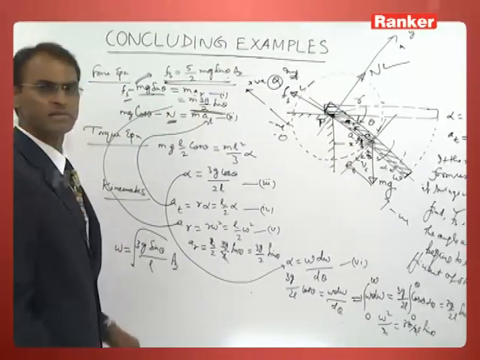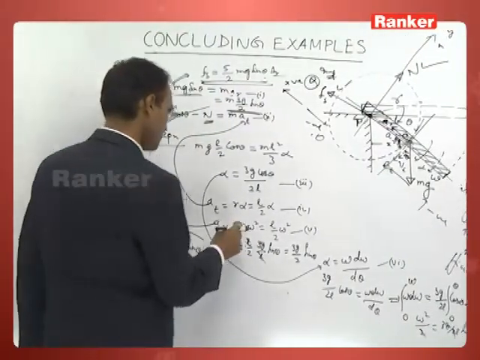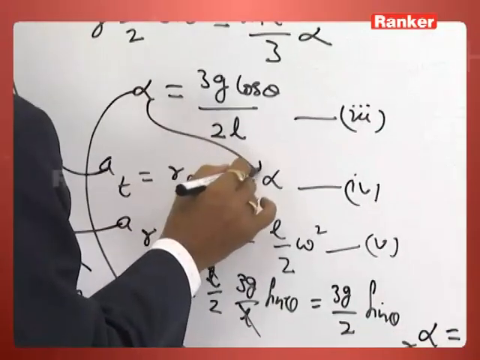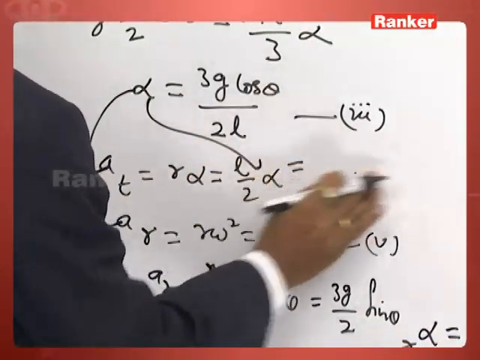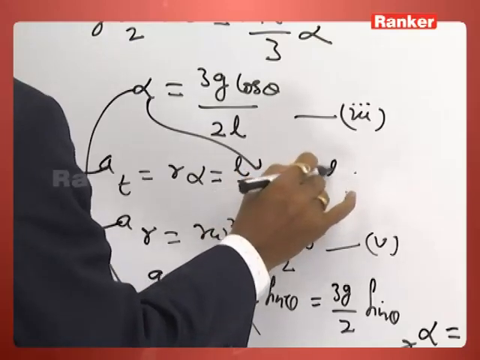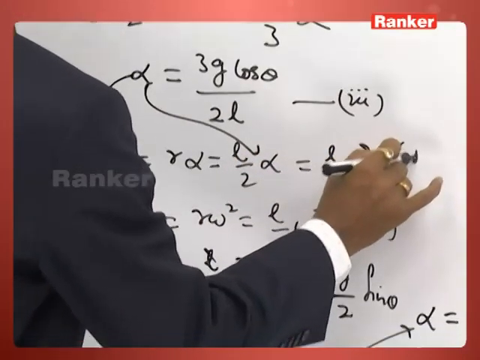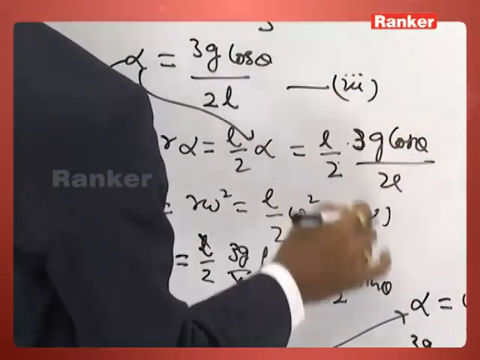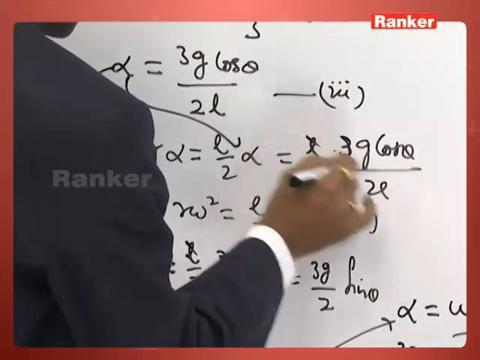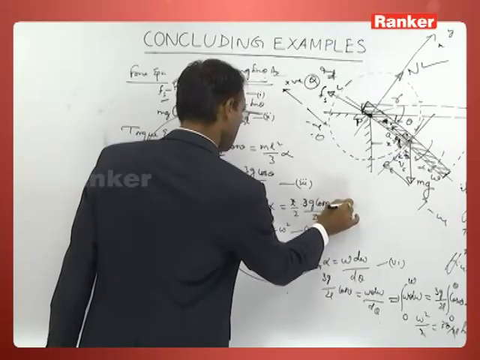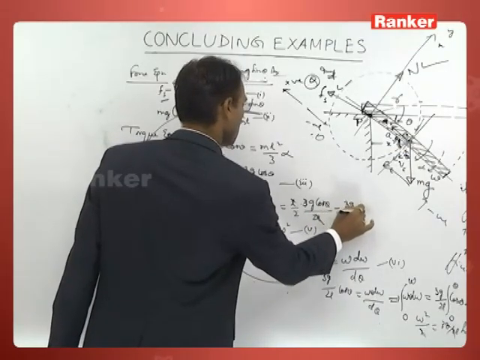Now the normal reaction. Substitute alpha here. The alpha value is 3g cos theta by 2l. So, you are getting AT as 3g by 4 cos theta.